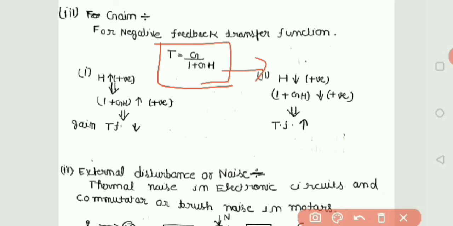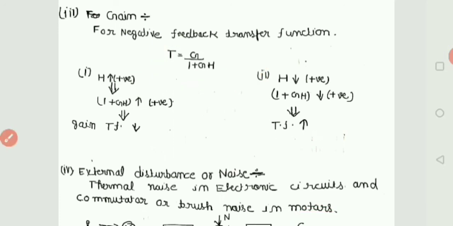If H is negative feedback, then our transfer function is increasing. So in control systems we use negative feedback control.